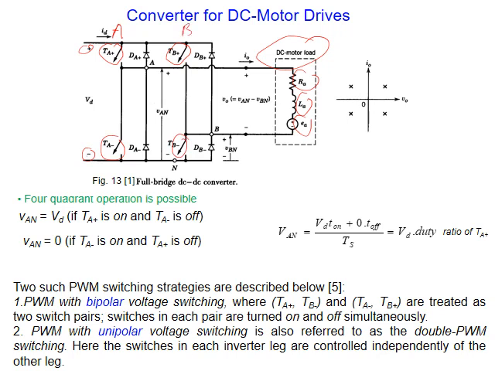Now the load is connected here to the center of leg A and to the center of leg B. One more issue needs to be mentioned here. For each switch, we usually connect an anti-parallel diode, D. It means in parallel but in opposite direction. I call them, for example, DA positive, DA negative, DB positive, DB negative.